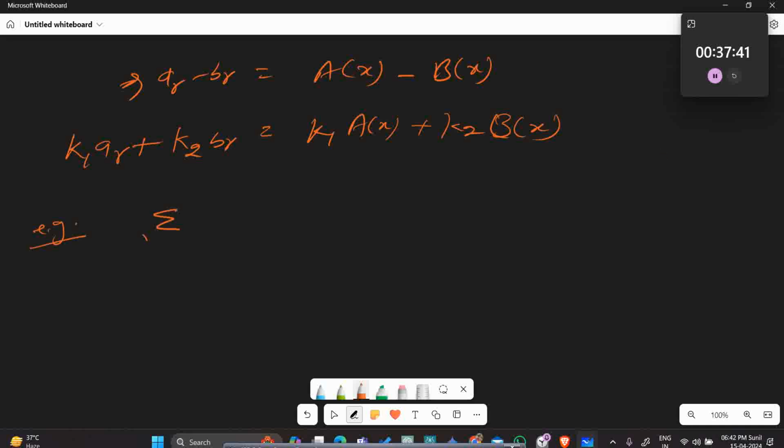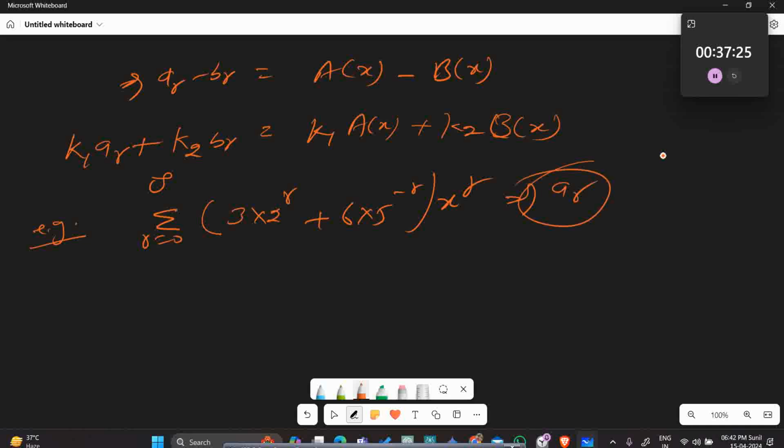Here are some properties. For example, take sigma r equals 0 to infinity of (3 into 2 to the power r plus 6 into 5 to the power minus r) x to the power r. Then what is a_r? Like that, for the generating function, we can separate them: sigma 3 into 2 to the power r x to the power r plus sigma 6 into 5 to the power minus r x to the power r.